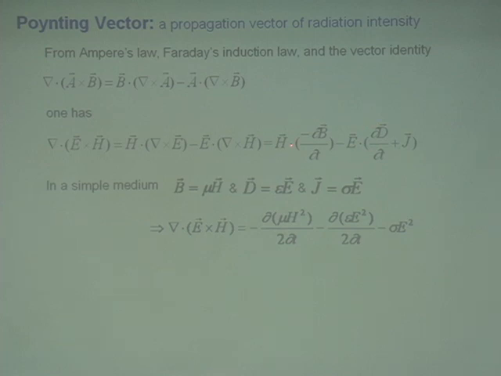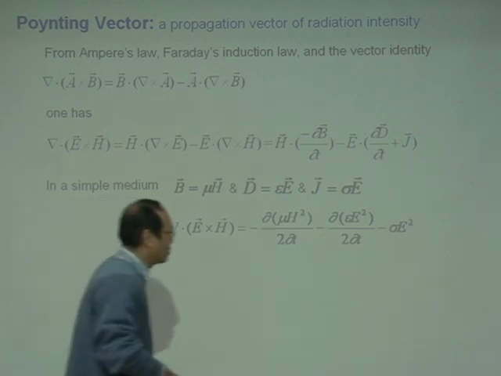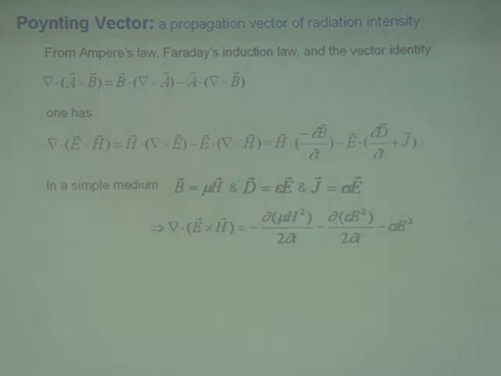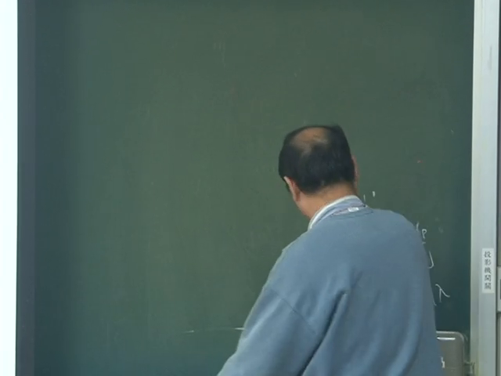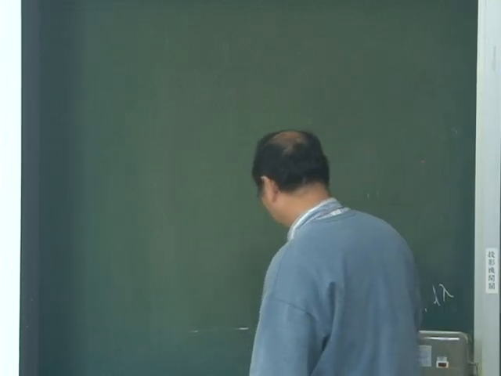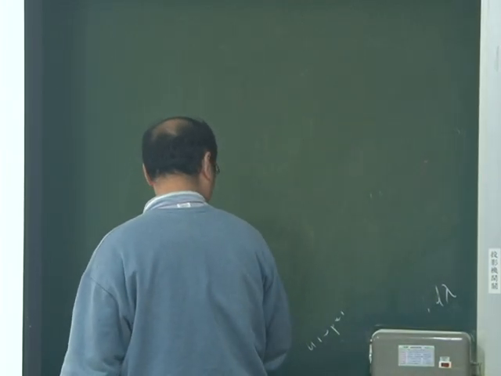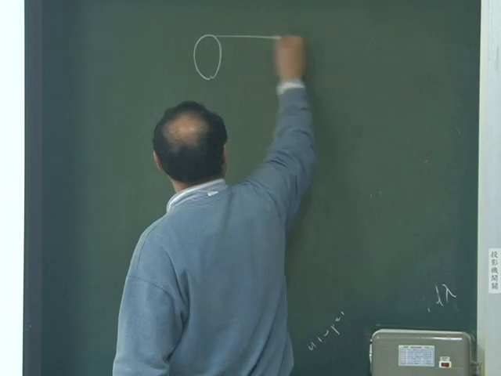On the right hand side, this becomes the differentiation of mu H square over time. 那之前的话你学过。If you still remember, you have a piece of conductor.